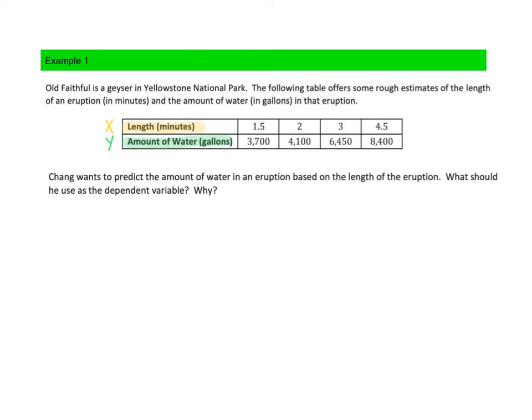So just to say it out loud, in this case, the amount of water that's spewed from a geyser depends on how long the eruption was taking place. So that makes sense here, because the longer that there's an eruption, there's going to be more water that comes out. So that's what I'm going to write down here for the dependent and independent variable.